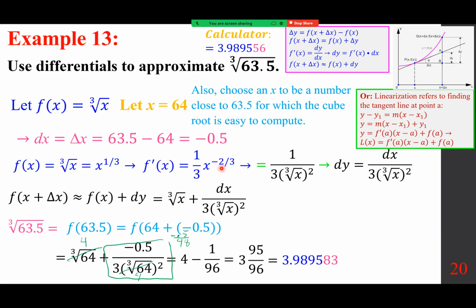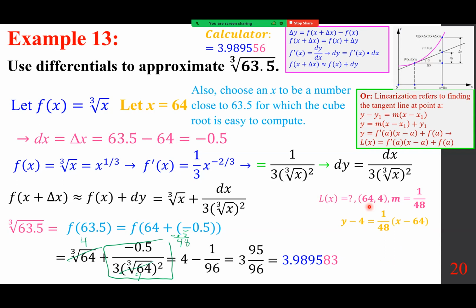What is the slope? Well, here's f prime. If you go here, it's easier. Replace it here. You get 4 squared, 16 times 3 is 48. 1 over 48 is your slope. And so y minus 4 equals 1 over 48 times x minus 64.